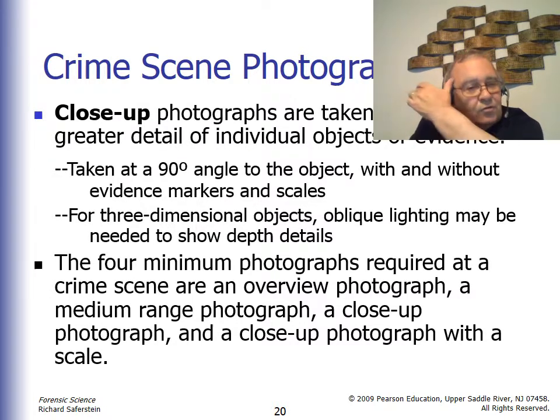You're going to take those photographs, as we addressed earlier, at a 90-degree angle, both with and without an evidence marker. Evidence markers are those little yellow placards with numbers on them, to label the evidence.